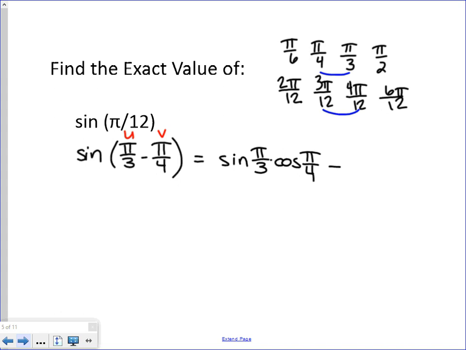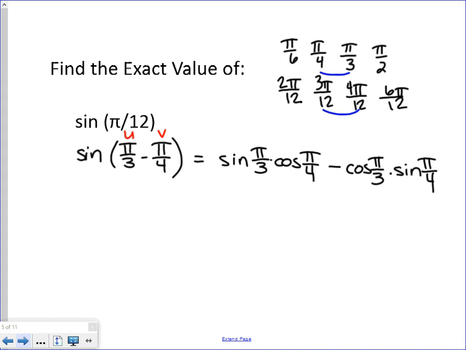And then what do I do in the next set? Cosine of u, so now it's cosine of pi over 3 times sine of pi over 4. Any concerns about how I substituted into the formula? Once you figure out what angles will work, it's really kind of like plug and chug.